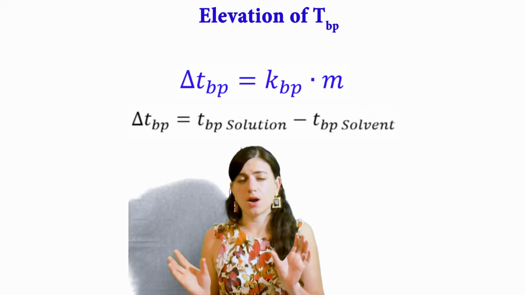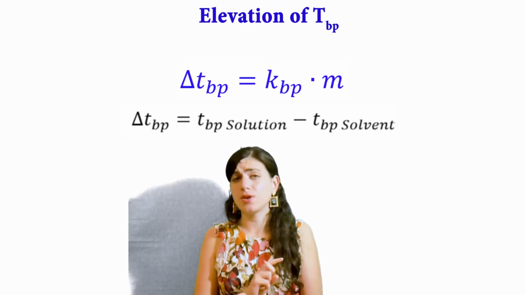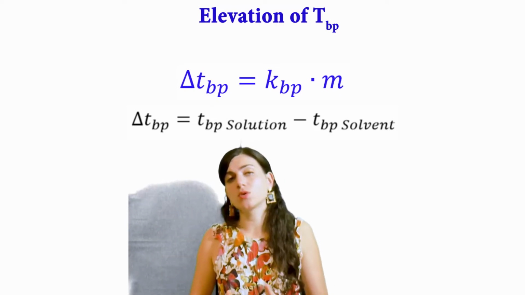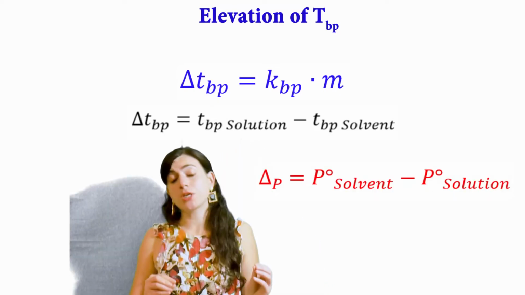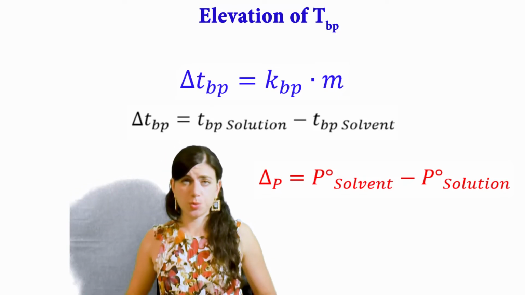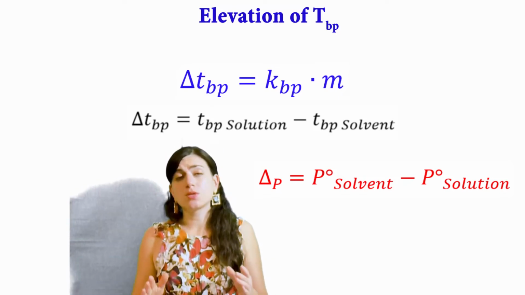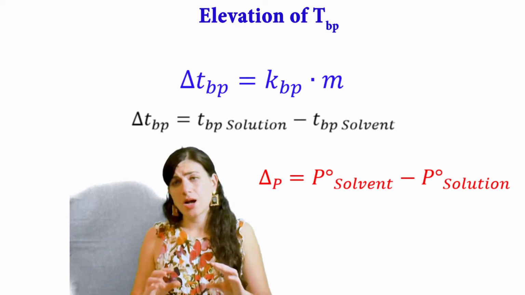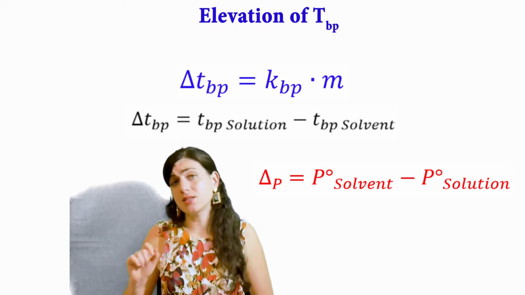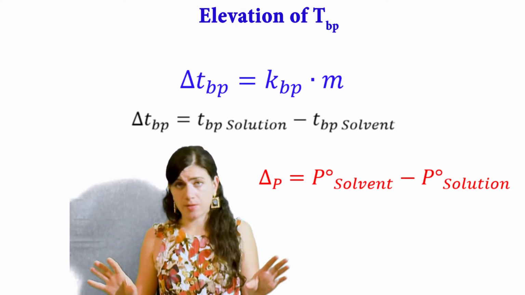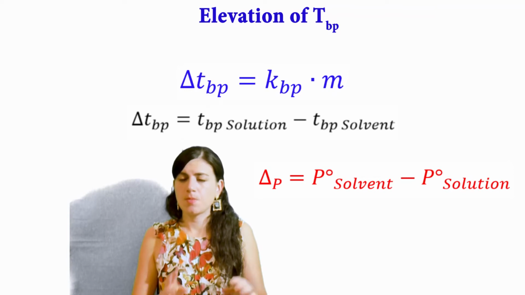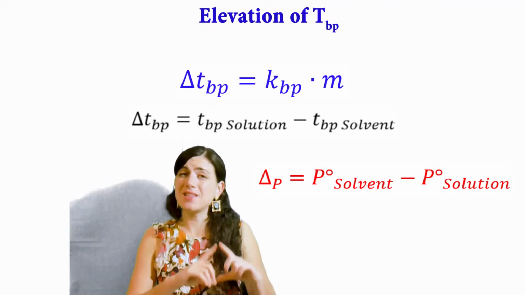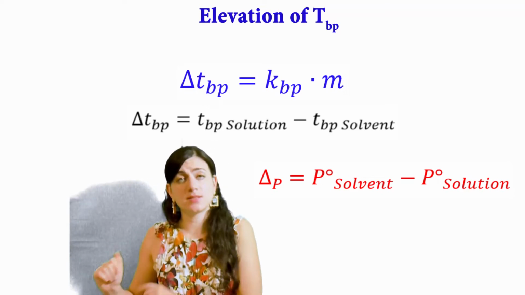As you can see, these values are put in the opposite direction compared with the lowering of vapor pressure, when delta was the difference between the vapor pressure of solvent minus the vapor pressure of solution. This is because now we are considering an increase of something, and the delta value always has to be greater than 0. So you have to put those terms, the property of the solvent and the property of the solution, in the right order in order to have this delta value all the time greater than 0.